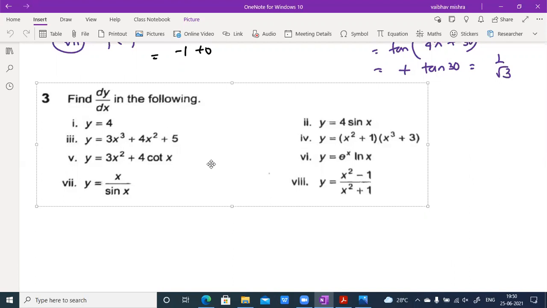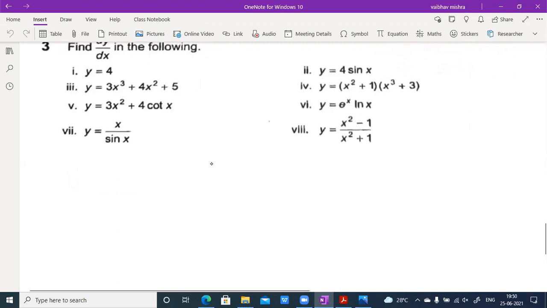Okay, no problem. Mr. Karthikeya, what is the answer to first? dy by dx of 4. Karthikeya? What is the differentiation of 4, d by dx of 4? नहीं लिख लेते हैं. 4 का differentiation?